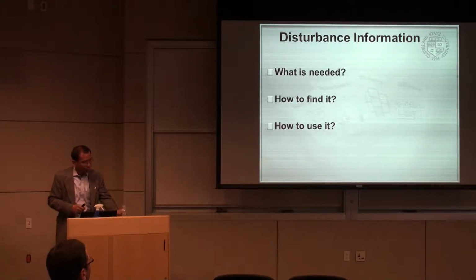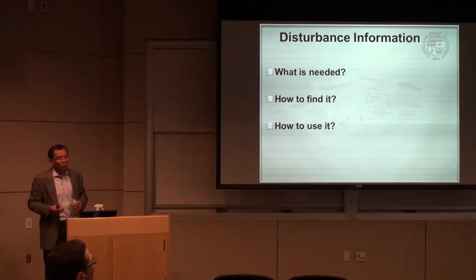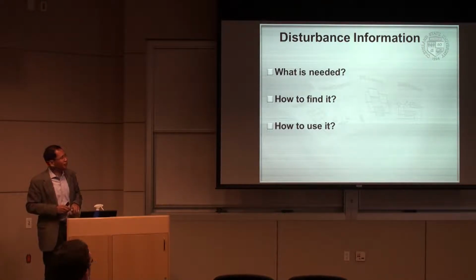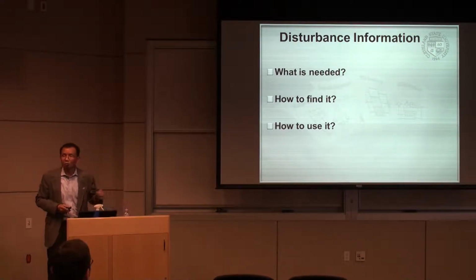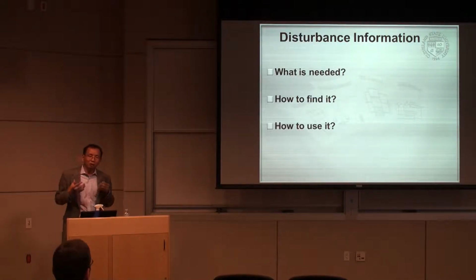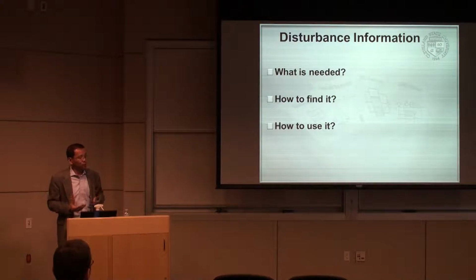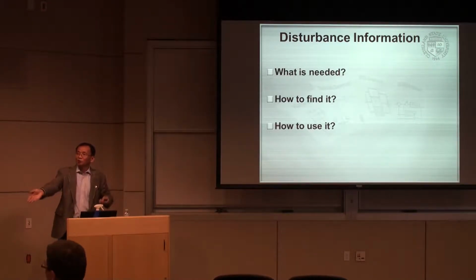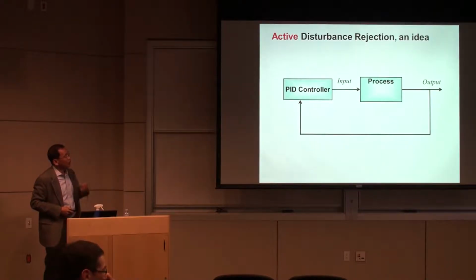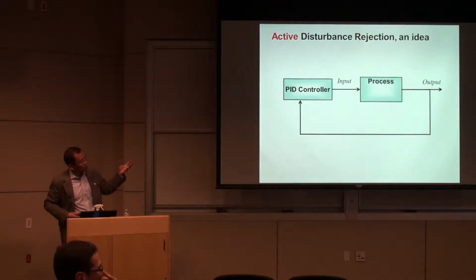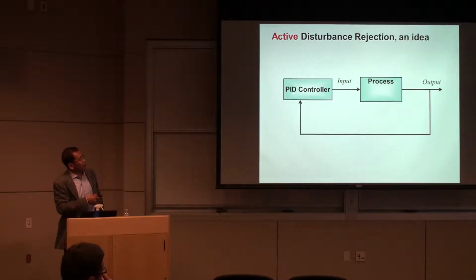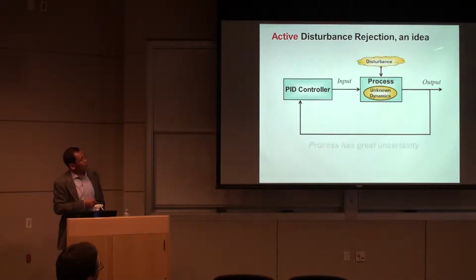So about the disturbance information, what kind of information do we need? How do we find it? After we find it, how do we use it? These are the basic questions of active disturbance rejection control. Now, I'm going to put it in a way practicing engineers can understand. They start with PID. There are internal dynamics, external disturbances.